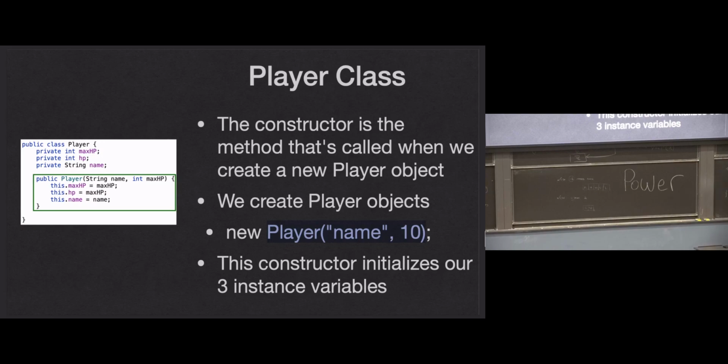And then give it the constructor method call. And then what this method actually does is initialize our 3 instance variables to whatever values we code it to be set to. We're going to start our players at full HP, so I'm only taking the max HP and setting HP and max HP both to that value, and then the name, setting those instance variables.